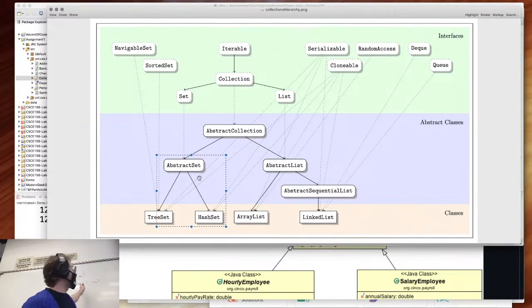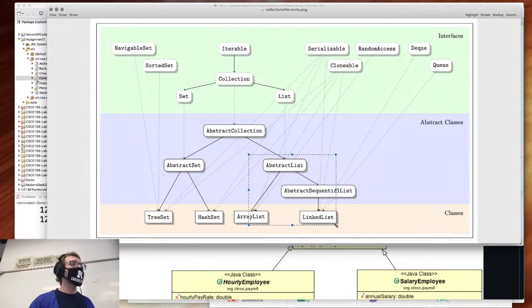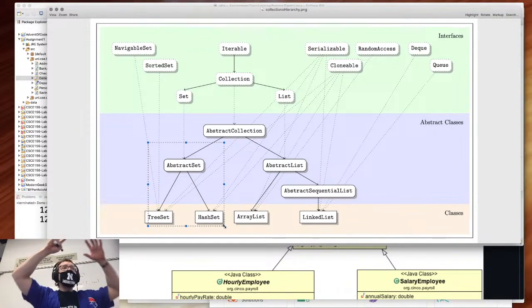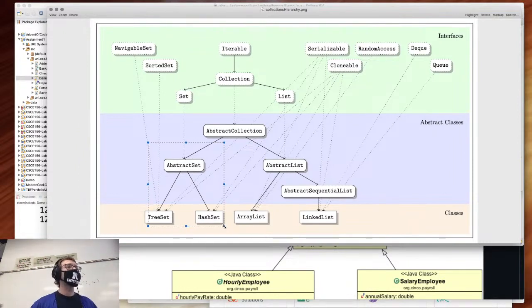Certainly you have something like this in abstract list, and that will lock everything that is a list into that hierarchy, but it doesn't lock everything over here. Right? So be careful. Only put stuff into the superclass that you know every subclass will have that aspect. Right? That's what might lock you into the hierarchy for years to come. If you design a hierarchy one way, then that forces you to do a whole bunch of other things.